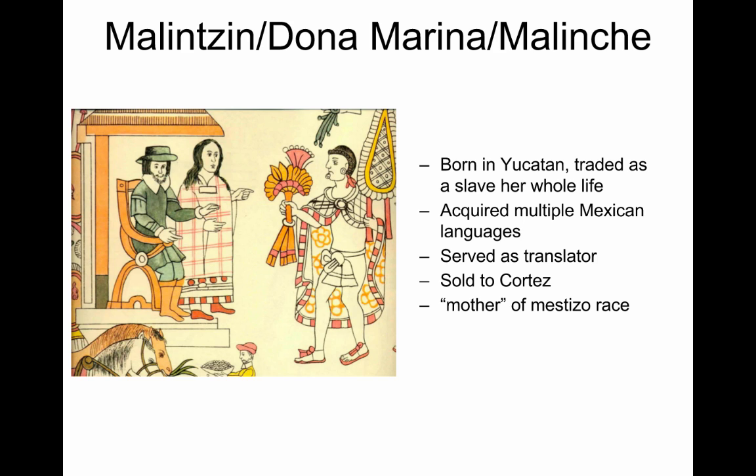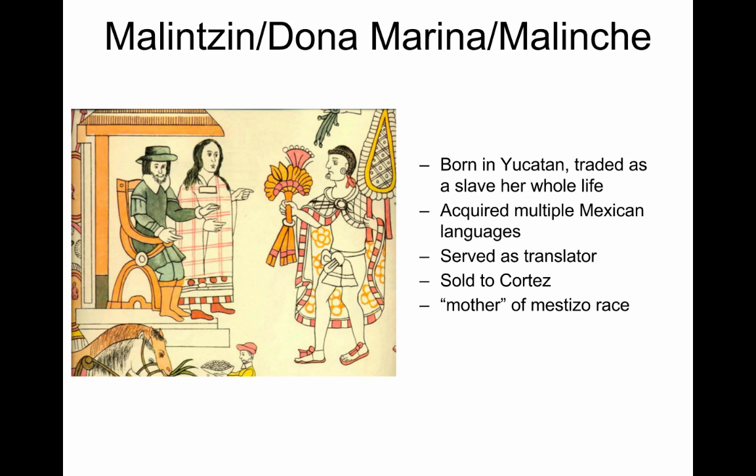So the story of Malintzin, which was her original Mayan name: when she is baptized by the Spanish, they give her the Spanish name Marina, so she's given the honorary title Doña Marina. But later she's known as Malinche, and Inche in Spanish is often a suffix that is put onto terms, usually with a negative connotation.